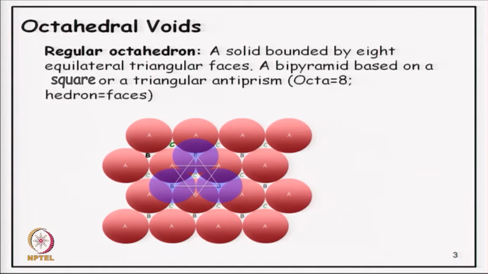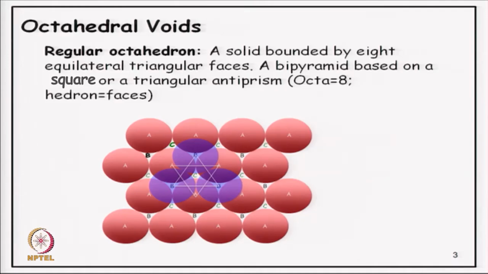That is why it is called an antiprism, since the top and bottom triangles are not parallel. If they were parallel, we would have got a prism and the side faces would have been rectangles. But since the top and bottom faces are inverted triangles, we get an antiprism with 8 equilateral triangles.